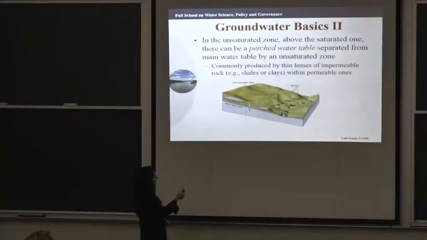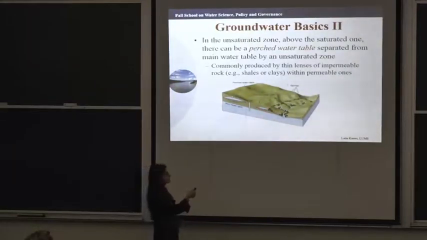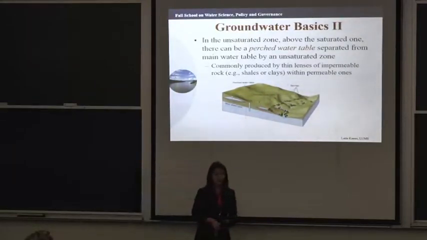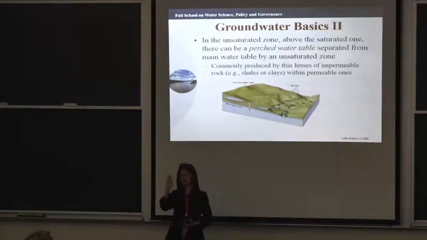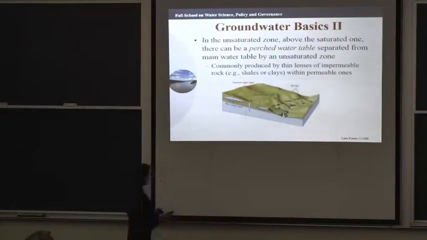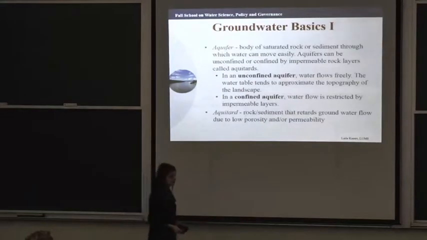You find a water table number 2 because some kind of impermeable material will be here. Impermeable means that you can't flow through it. Usually if there's rainfall, water infiltrates and goes down. This is a permeable layer that allows water to pass through, right? In this layer, water can't pass through, so you get perched water tables.